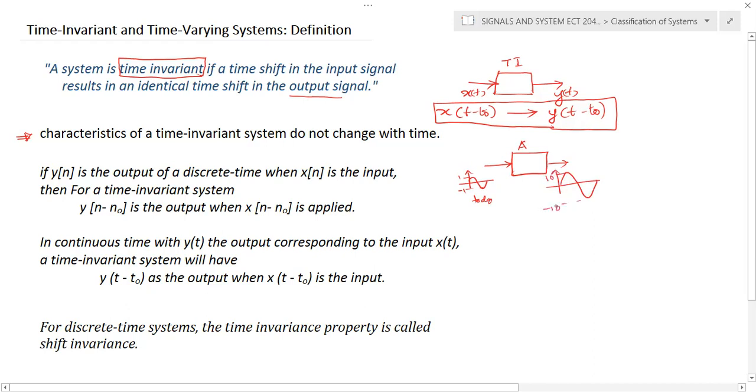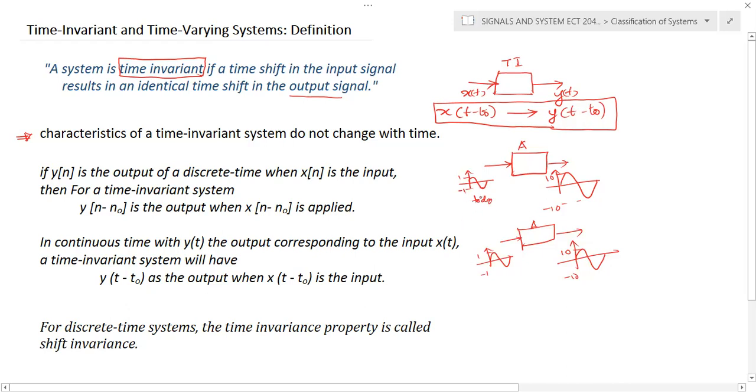And if you perform the operation on the same system on the next day, and if you are applying the same signal, we are getting the same output. And from this example, you can say that the characteristics of the time invariant system do not change with time. So we are getting the same output irrespective of the time.